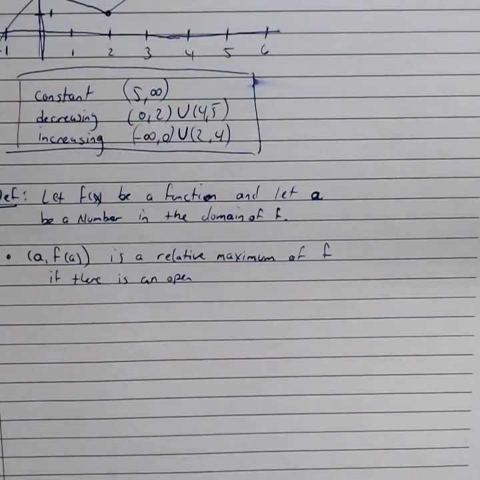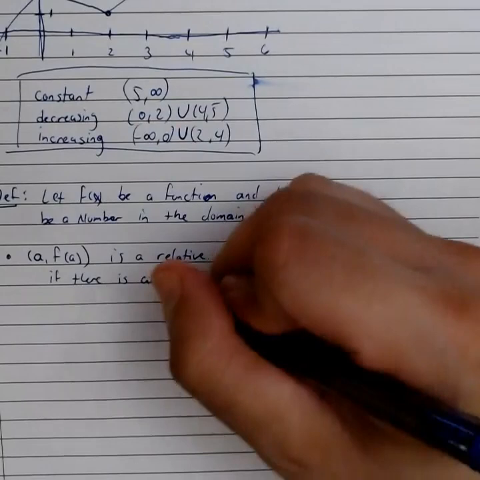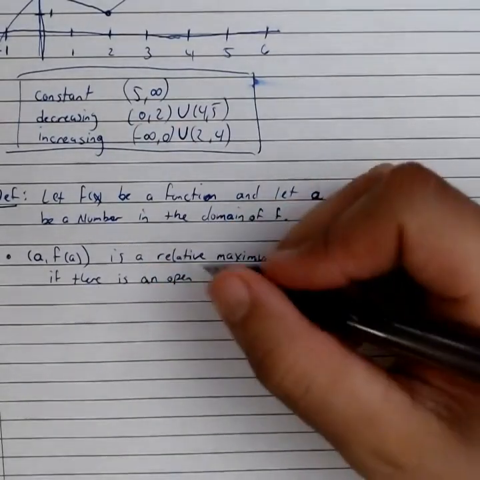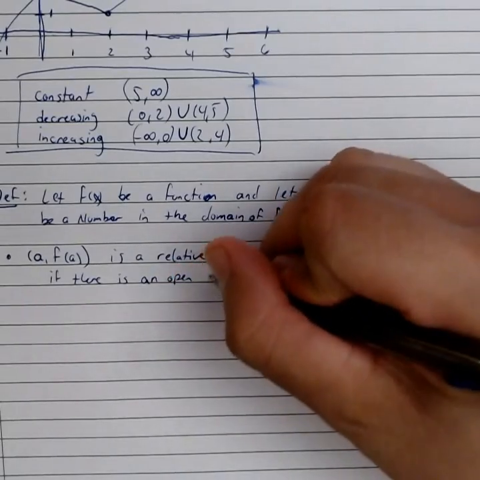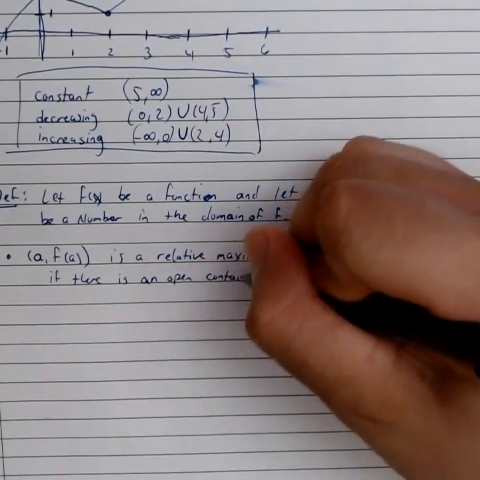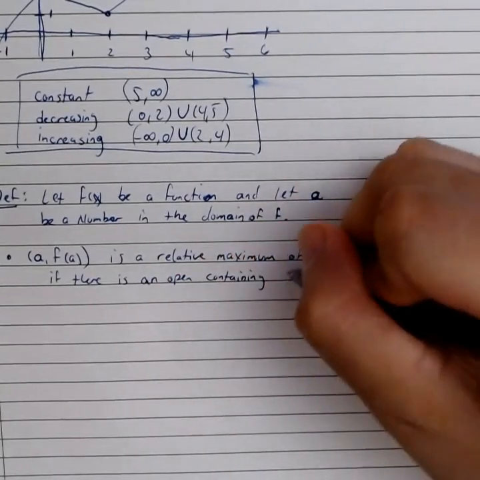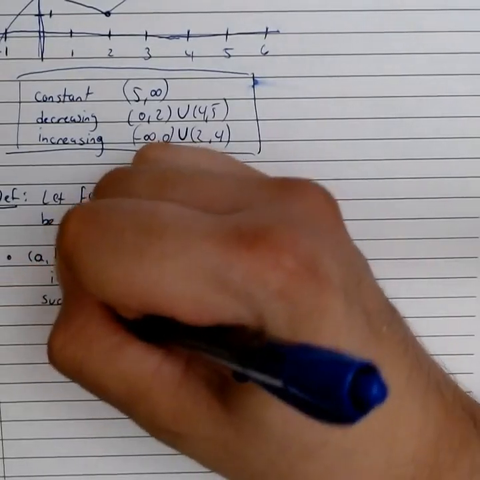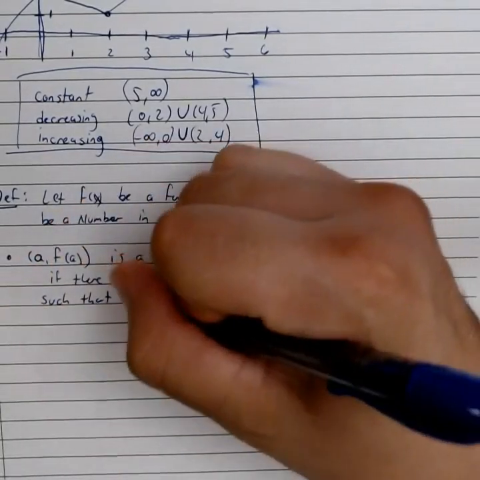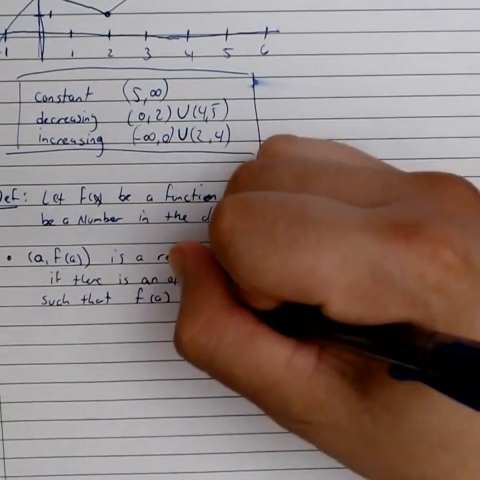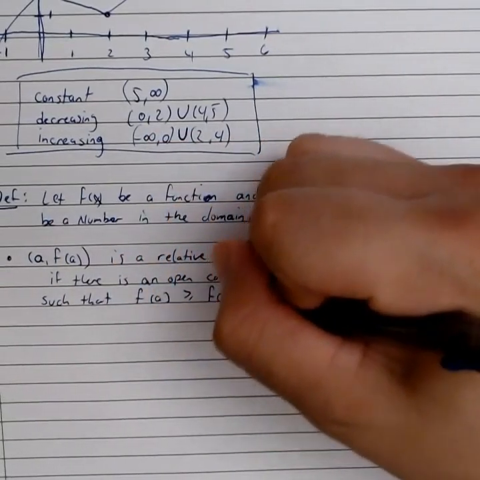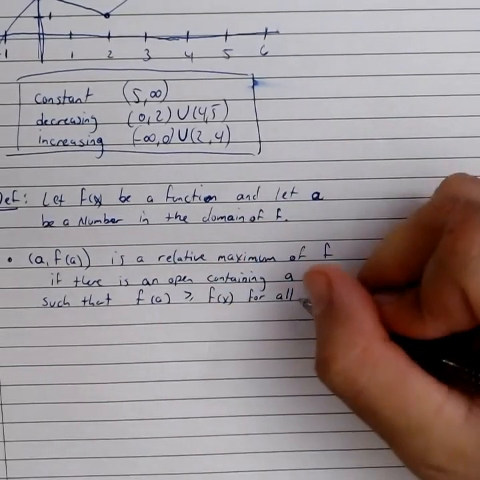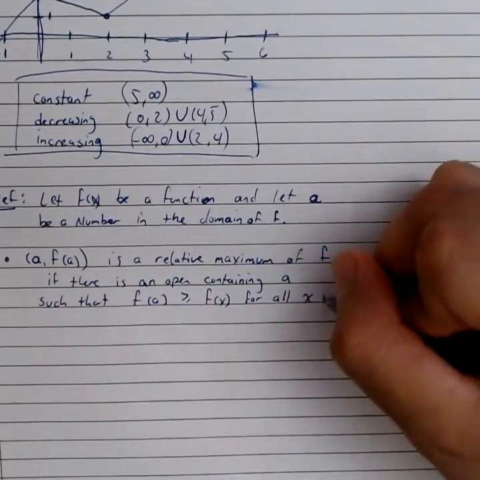We're looking at these kind of intervals. If there is an open interval, it doesn't say which one, as long as there is one, an open interval containing the number a, such that f at a is greater than or equal to f of x for all x in the interval.